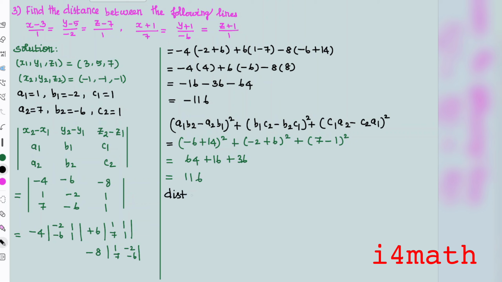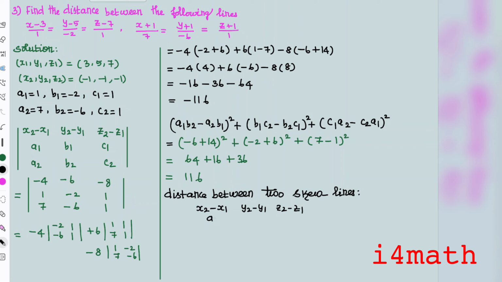Now let us calculate the distance between the given two parallel lines by using the formula. The formula is the determinant with first row x2 minus x1, y2 minus y1, z2 minus z1.